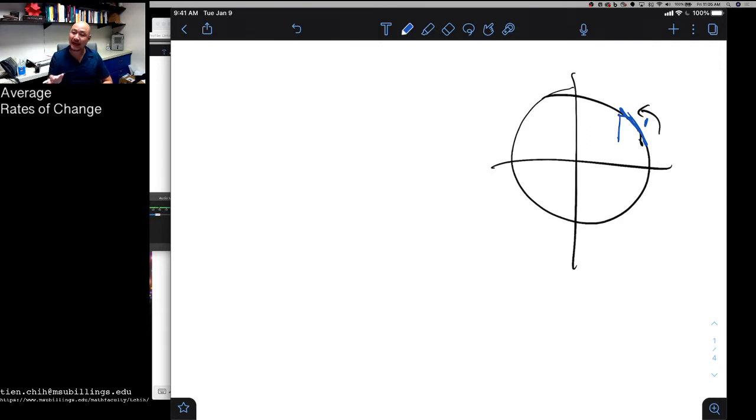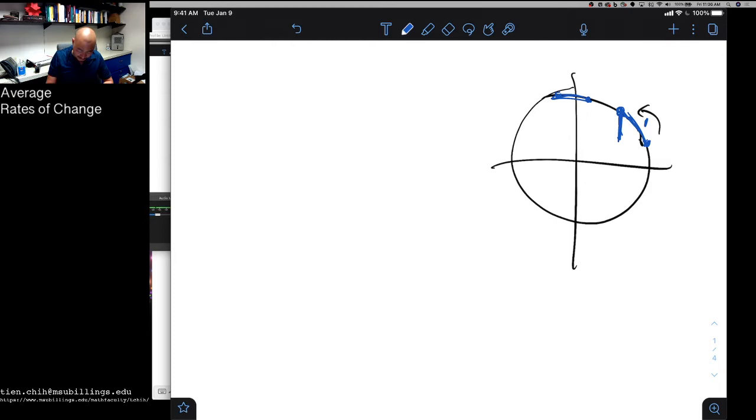And we might imagine that this change is different depending on where you are on the circle, right? Like if I go from here to here, then my change in height is very significant. If I go from here to here, it's probably very small, or even zero if I go up and back down, right? My overall change in height is none in such a case.